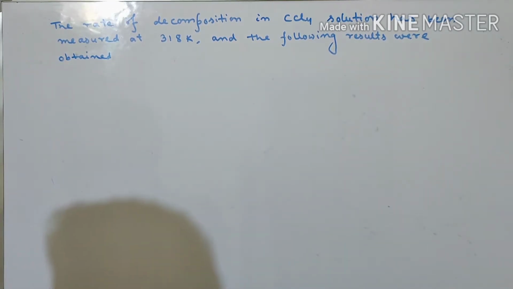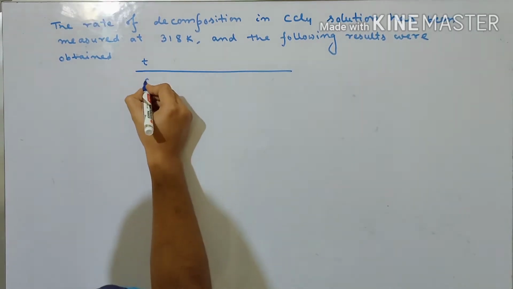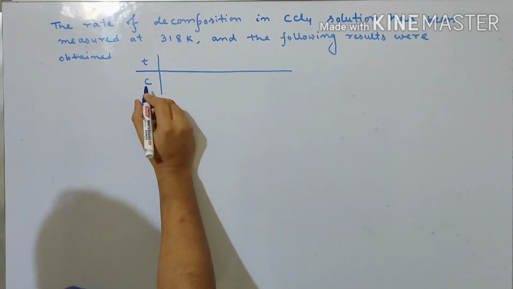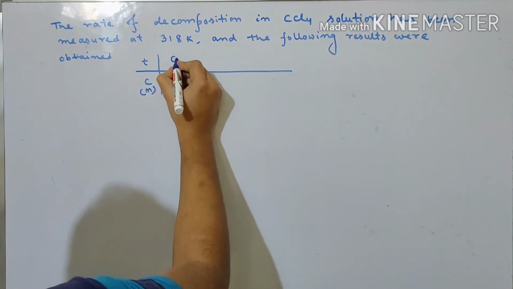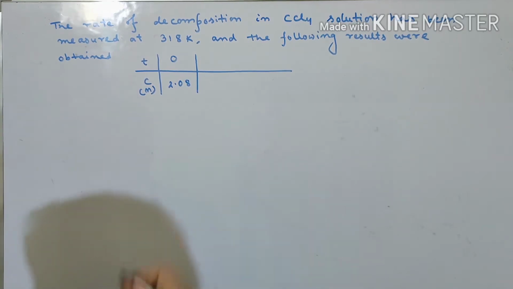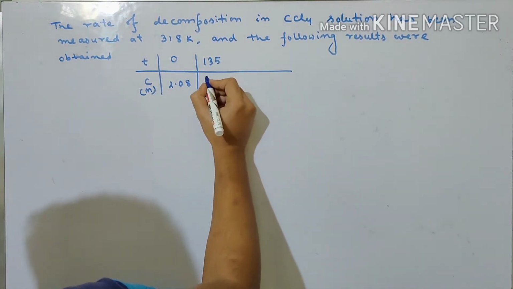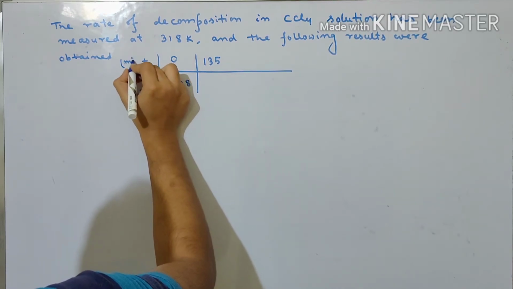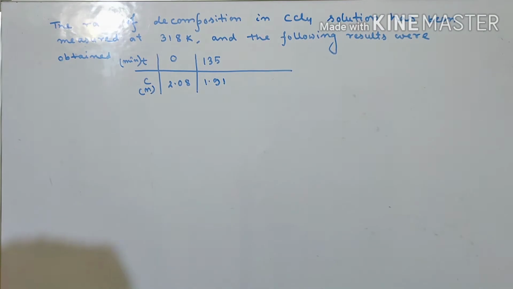The chart is given. This is time versus concentration. Concentration is given in molarity. So it is 0, 2.08. Here it is 135, time is given in minutes, by the way. It is 1.91.